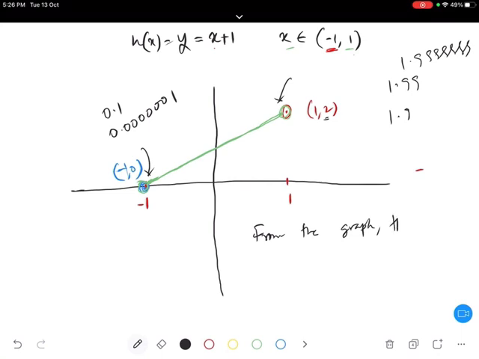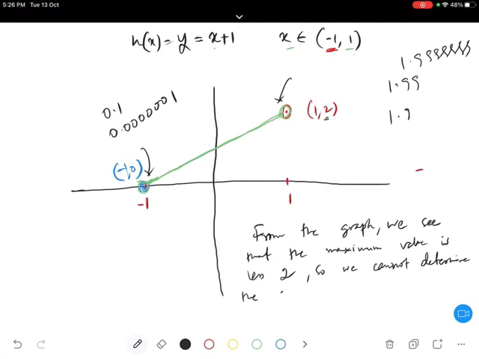So write down: from the graph, we see that the maximum value is less than 2. So we cannot determine the exact value.